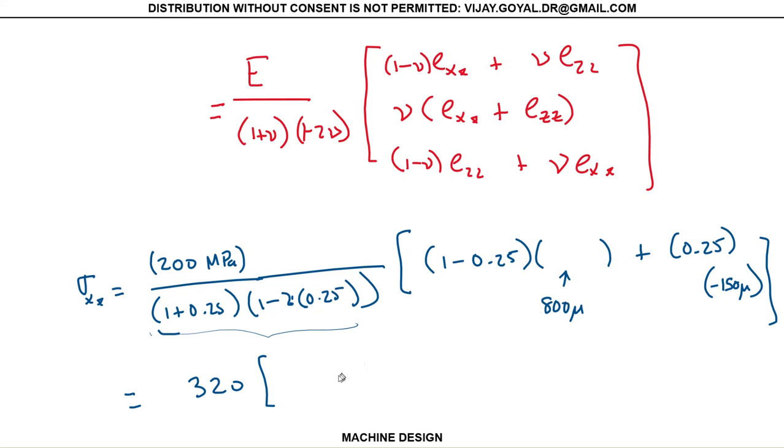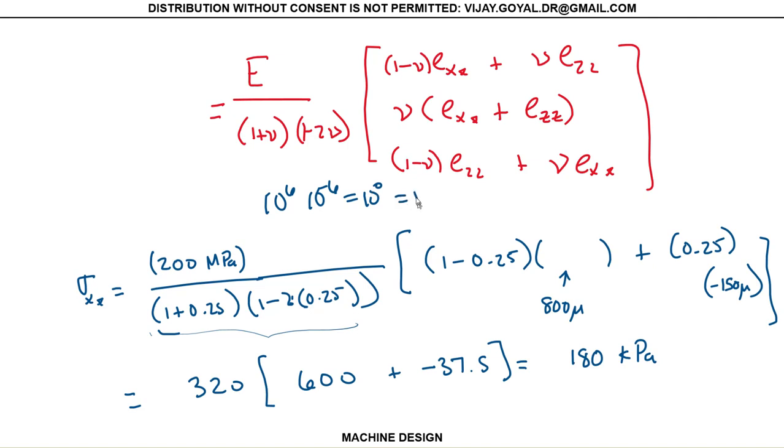This first term gives you 600. Second term gives you minus 37.5. Then you basically get the answer is 180 kilopascals. You have to work out the units. Remember, to get megapascals here, micro and mega basically becomes 1. So you have 10 to the 6, 10 to the minus 6, so that gives you 10 to the 0 is 1. And this is the value that I got for sigma xx.